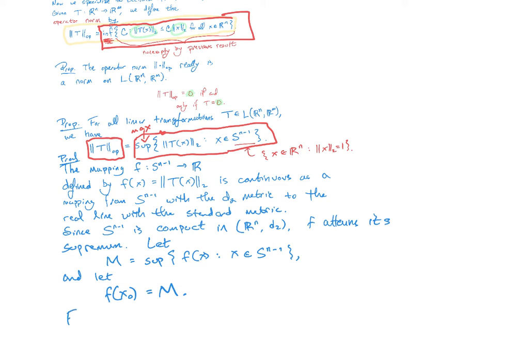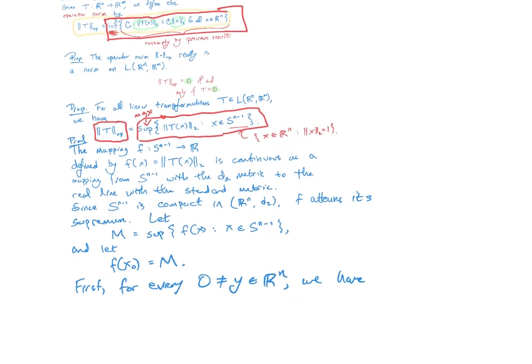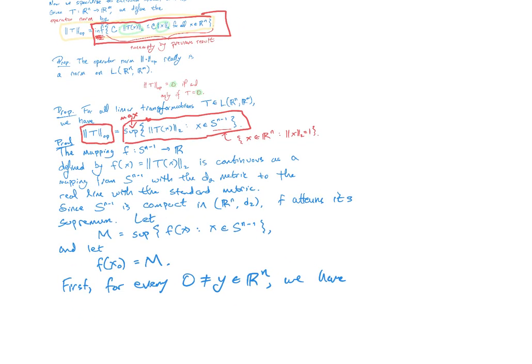So first, for every non-zero vector y. Okay, now we play our standard game, which is just we pull out the 2 norm of y, leaving us with a unit vector, which is on the unit sphere, and then we use this bound. Okay, so completely standard tricks.